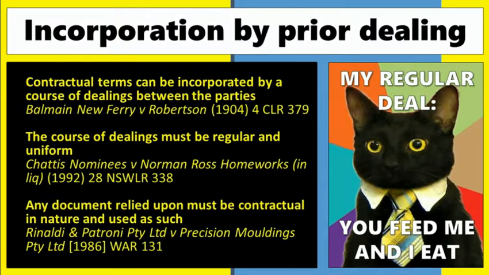And this case of Rinaldi and Petroni and Precision Mouldings in Western Australia was an example of that, where the documents that were proffered by one or both parties in dispute weren't contractual in nature. And there they said that, look, if you are going to incorporate express terms into a contract through prior dealings, and you've got these documents, they have to be contractual in nature. They can't have the properties of a delivery docket or a receipt in order for this hurdle to be overcome.